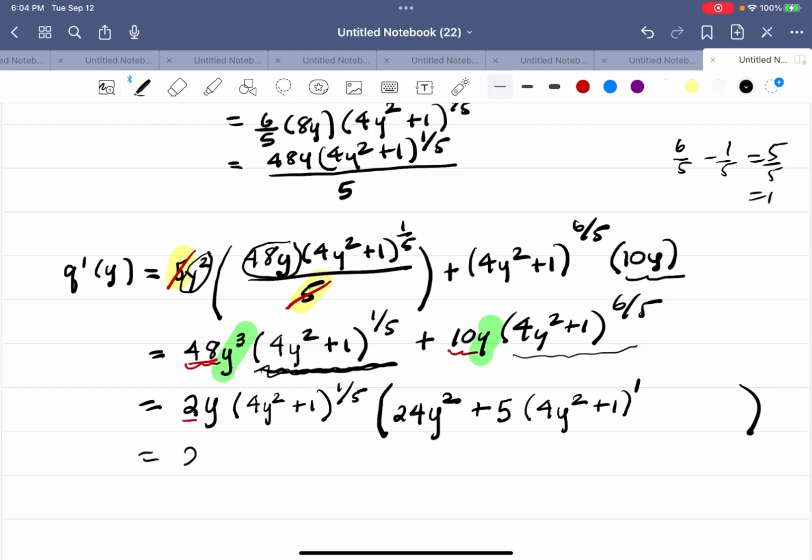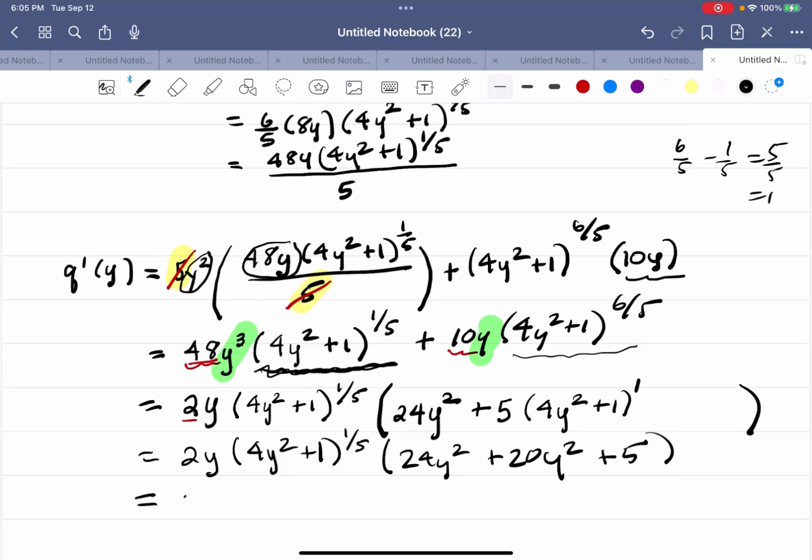So a little more and we'll be done. 2y times 4y squared plus 1 to the 1/5 times 24y squared plus 20y squared plus 5 is 2y times 4y squared plus 1 to the 1/5 times 44y squared plus 5.